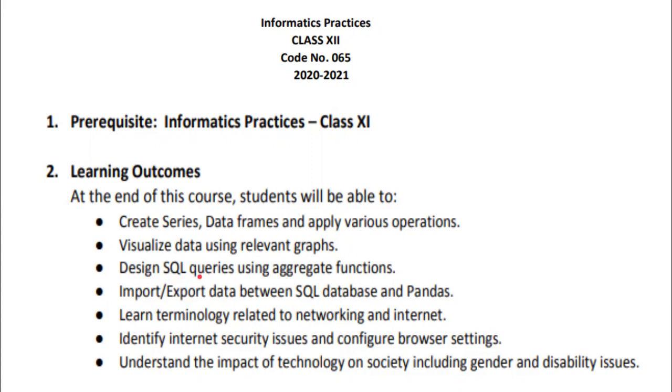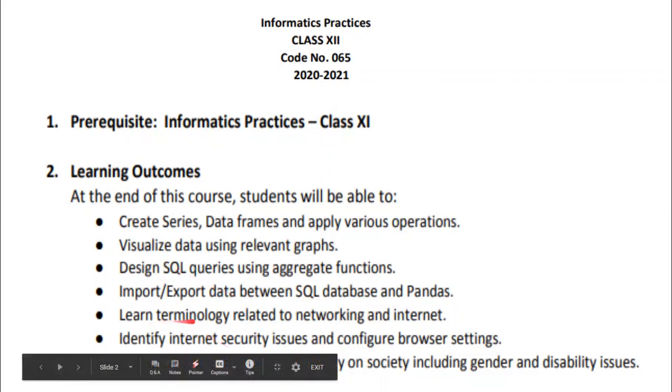SQL is a database, that is a backend. So from your Pandas, you can import the data from the database or export the data to the database. Okay, so export and import between the database and Pandas.